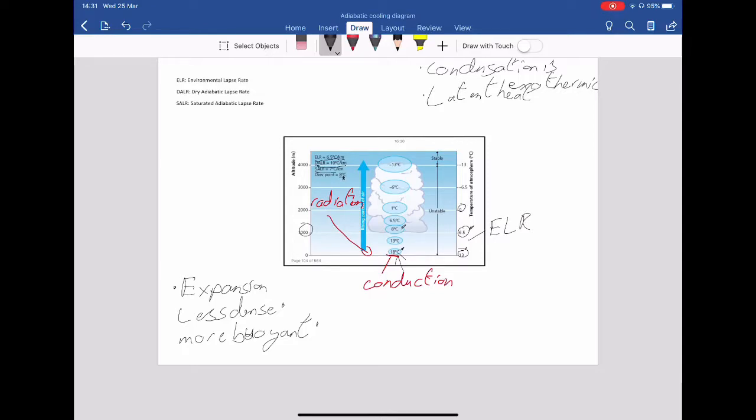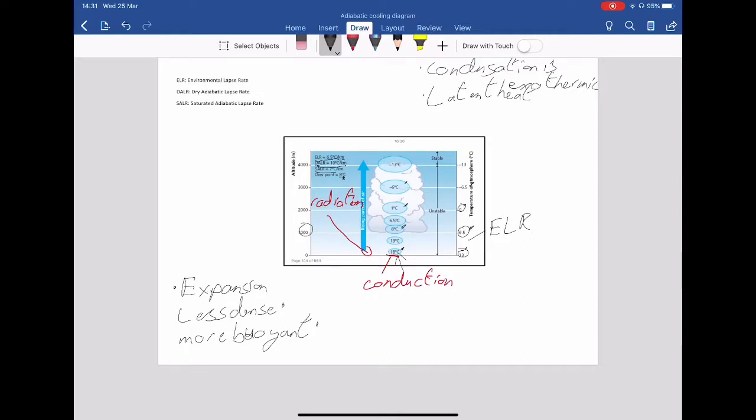This is 7 degrees, so at the next kilometre it is now 1 degree and the surrounding air is 0 degrees. So it's still warmer, it's still more buoyant, and it's still going to keep rising. Another kilometre goes by and it's now -6, it's lost another 7 degrees, compared to the -6.5 of the surrounding air.